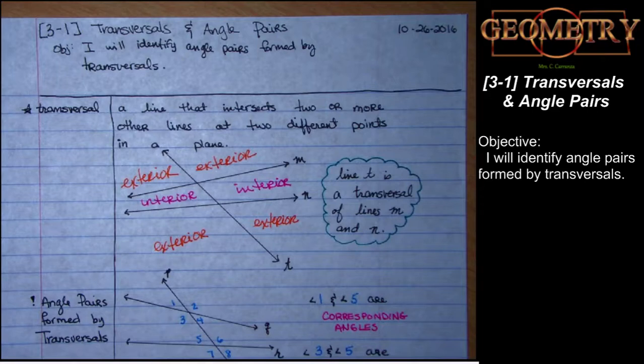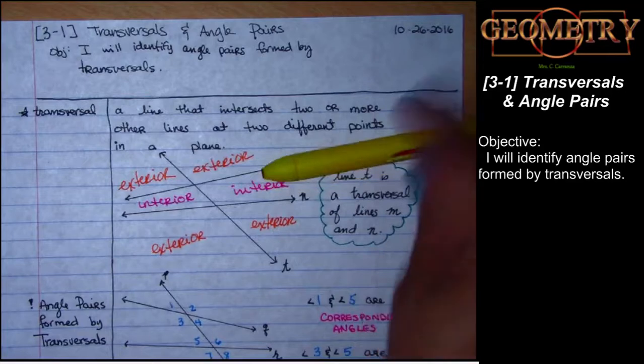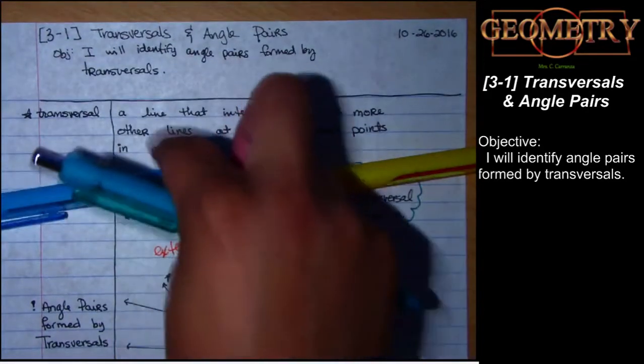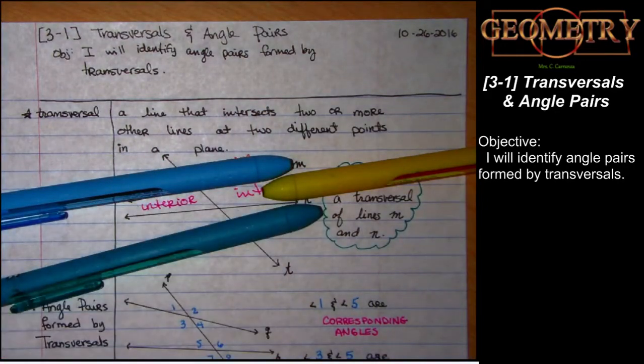When we have these two lines and a transversal passing through them, we end up creating zones. We end up creating some sort of interior space that lies between the lines that are getting cut by the transversal and some sort of exterior space, which lies outside of the lines that are being cut by the transversal.